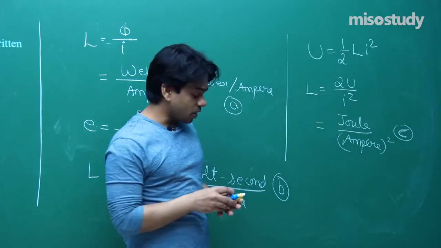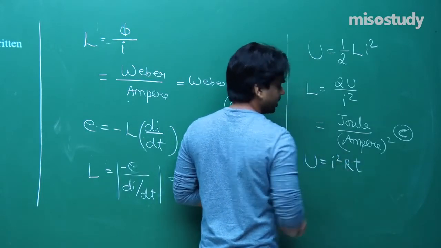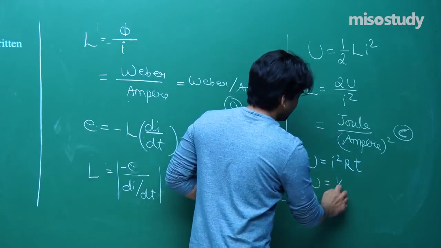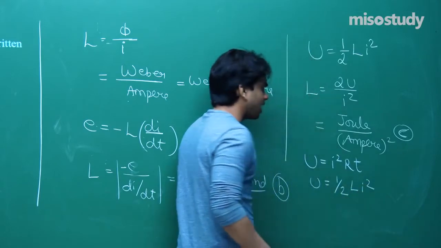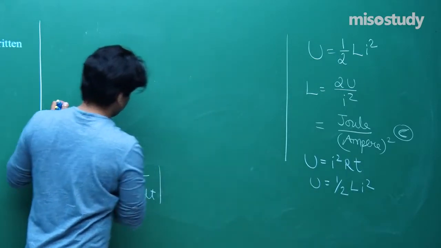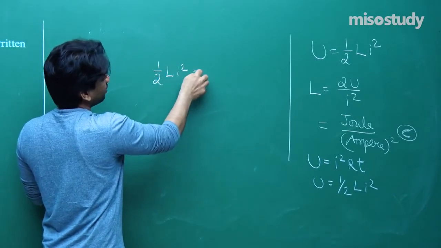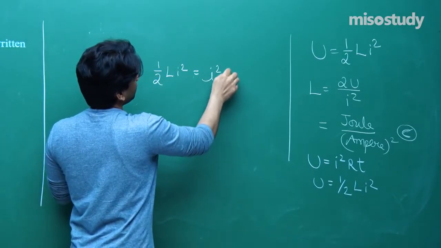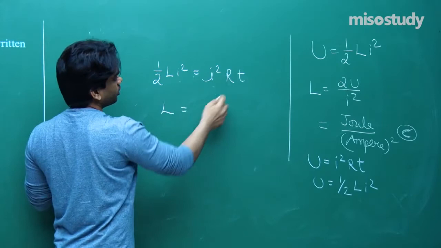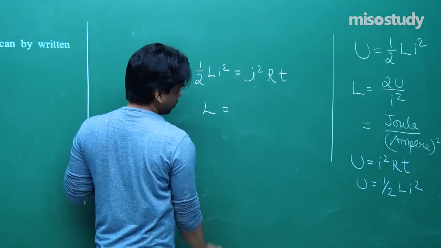Next, we can also write U is equal to I square R T. And U is also half L I square. So half L I square equals I square R T. I square cancels out, so L has the unit R into T, that is resistance into time, ohm into second.